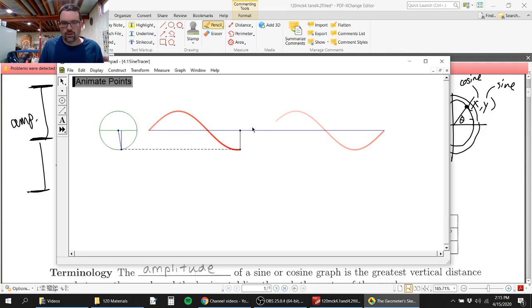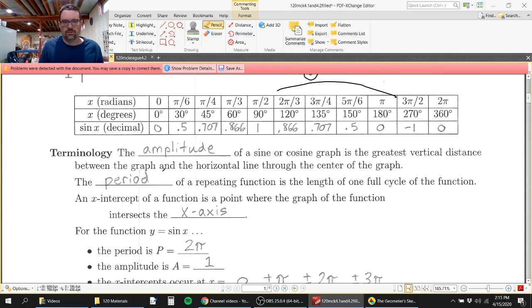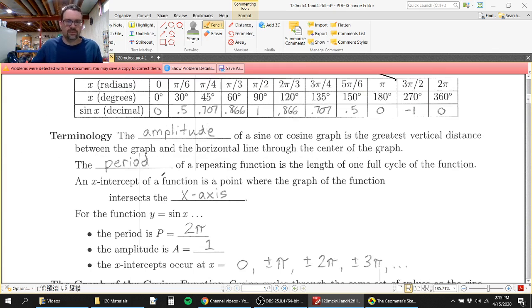Now, the question is, how long is one of those cycles? The terminology for the length of one cycle is called a period. All right, and ours starts at 0, and in terms of radians, it goes all the way around the circle. All right, it does one full wave by the time it gets to 2 pi. So our period is 2 pi.